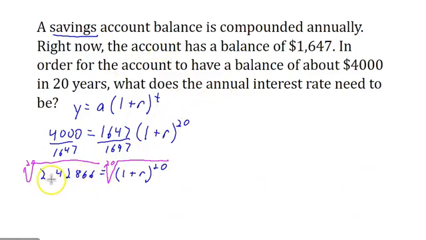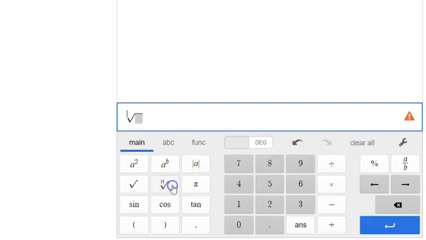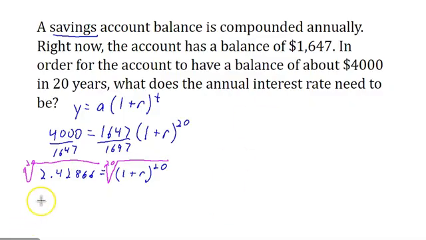So we'll go to our scientific calculator to calculate this 20th root here. So using lots of decimal places, the 20th root is 1.04537.